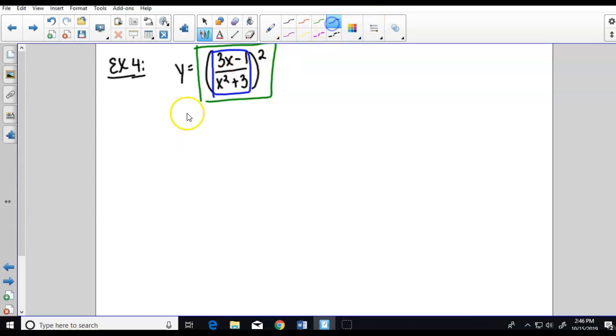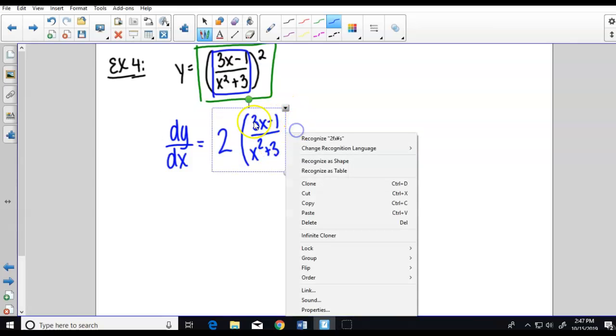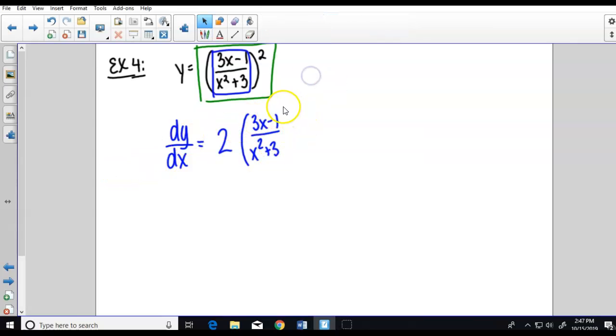So when we do this problem, our derivative, dy dx, or we could call it y prime if we wanted to, we're going to have 2 times 3x minus 1 over x squared plus 3 to the first power.